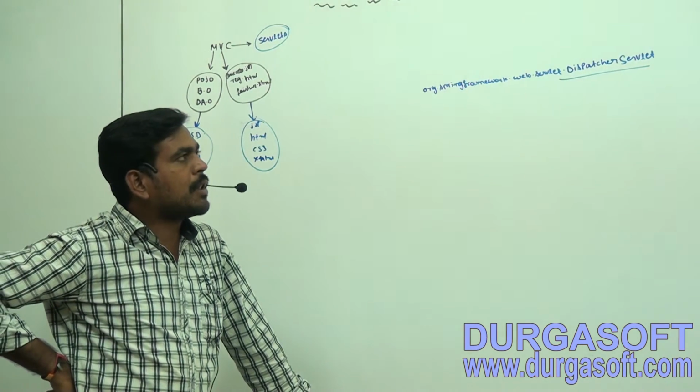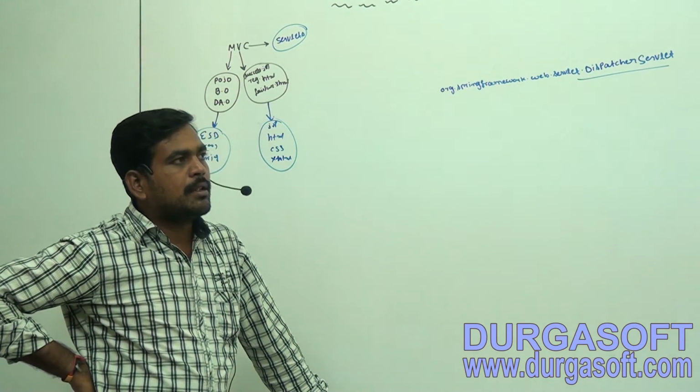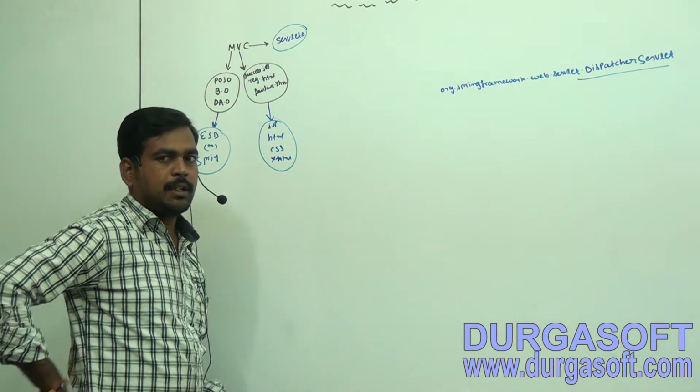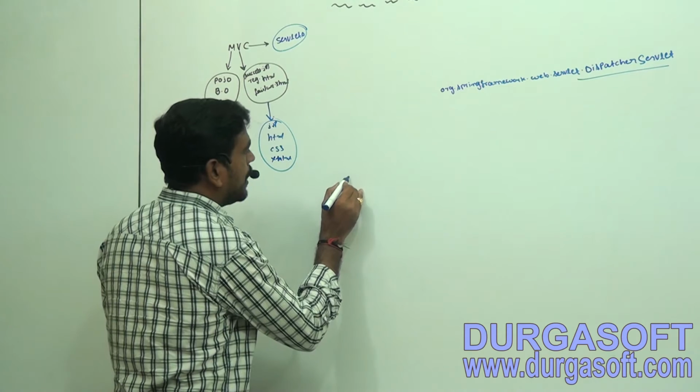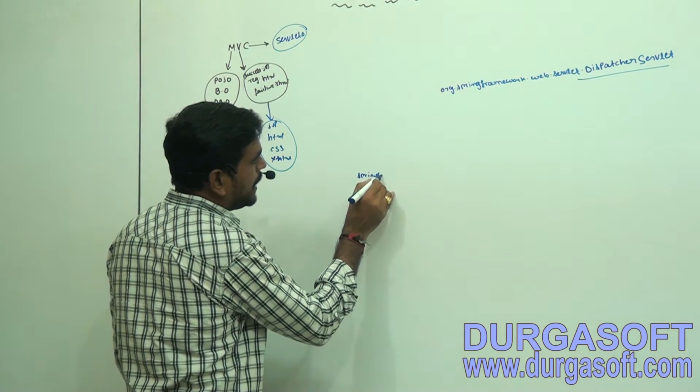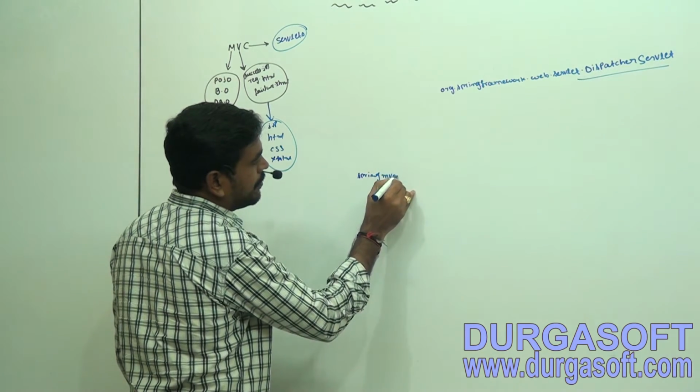This servlet we have to configure where? Inside the web.xml file. You know the web application architecture, right? So now, the root folder, for example Spring MVC app.